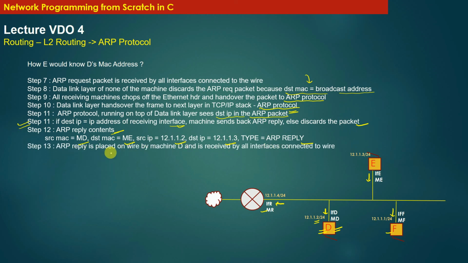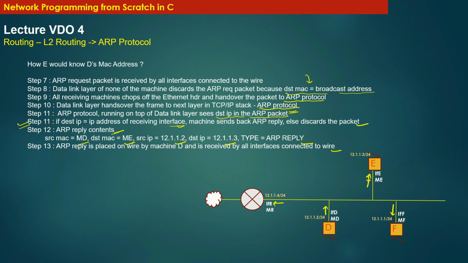So the ARP reply is placed on the wire by machine D and is received by all the interfaces connected to the wire again. Right? Let us discuss the ARP reply. If machine D launches the ARP reply message, it will again be received by all the interfaces connected to the wire. So all the machines receive the packet because they are connected to the same wire.